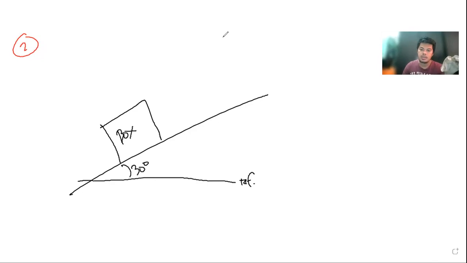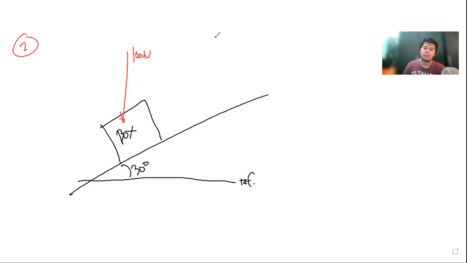Meaning, the weight of the object will always be vertically downward. So this would be 100 Newton. Regardless of how much the inclined angle is, the weight will always be positioned vertically.